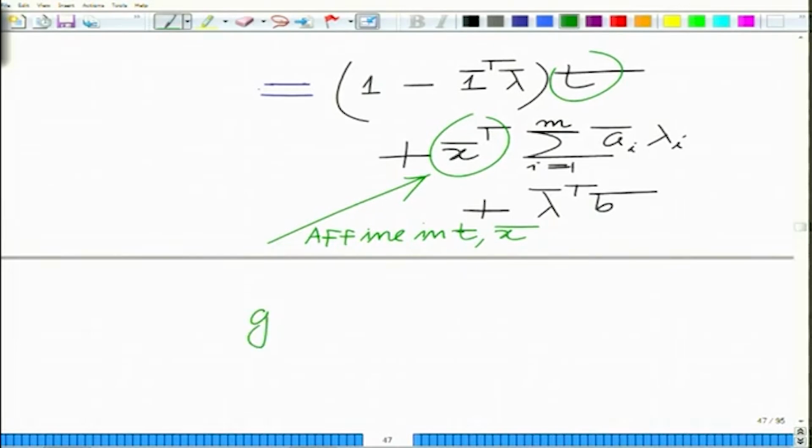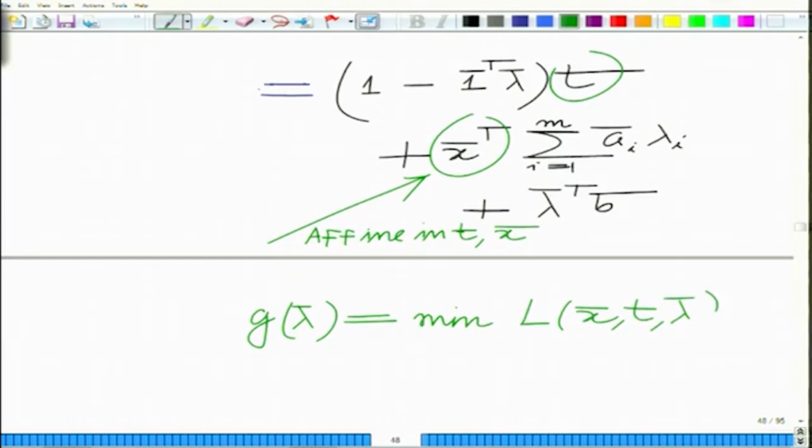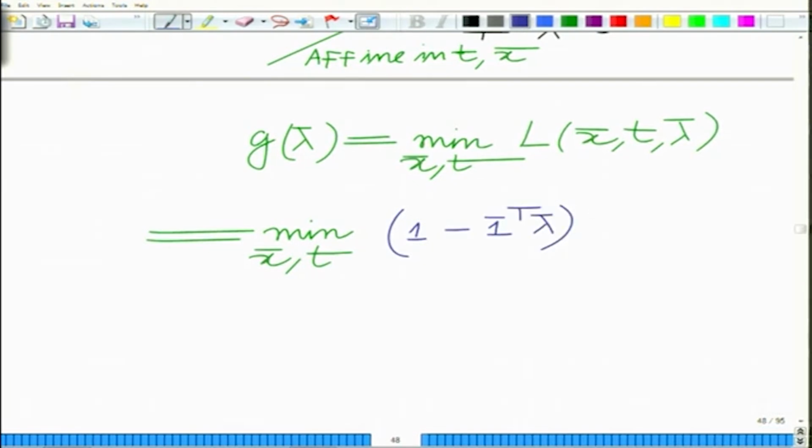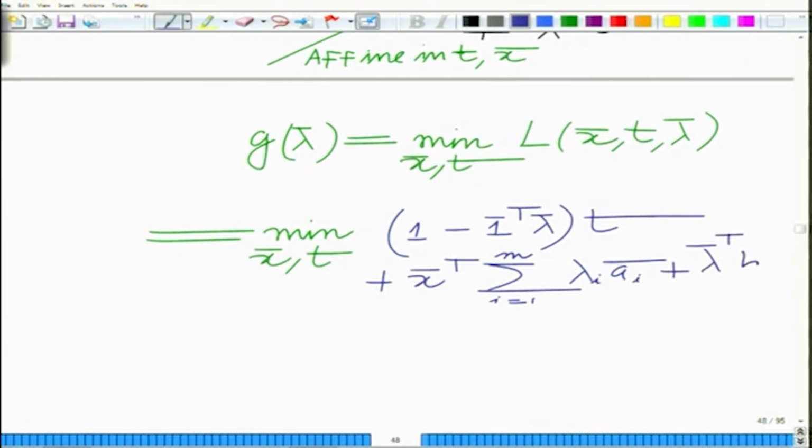One more step: the dual is obtained by taking the minimum with respect to the primal variables x bar comma t of (1 minus 1 bar transpose lambda bar) into t, plus x bar transpose summation i equal to 1 to m lambda i ai bar, plus lambda bar transpose b bar.